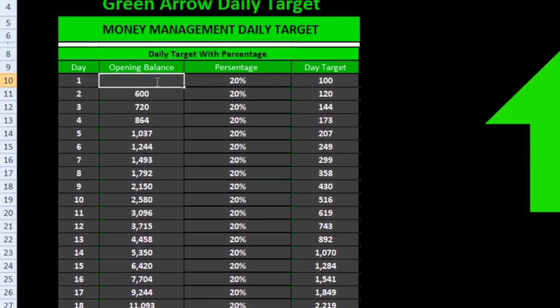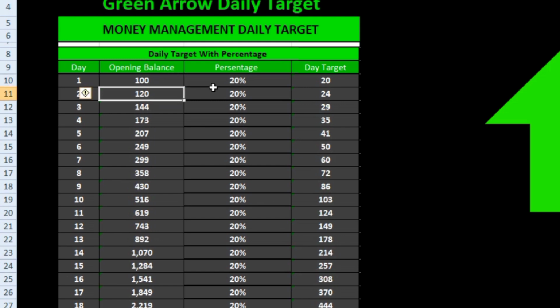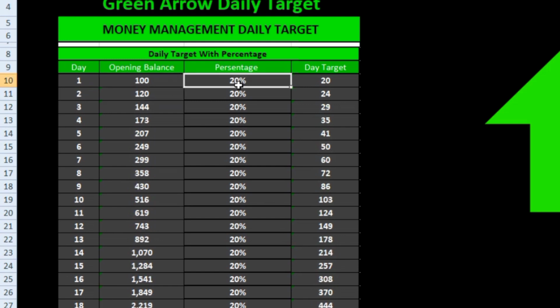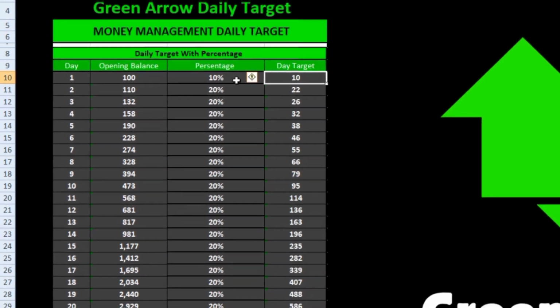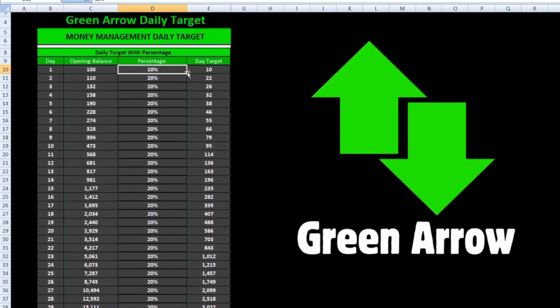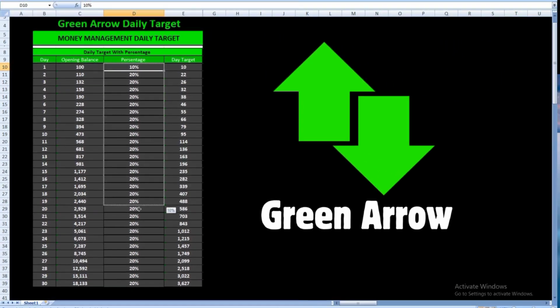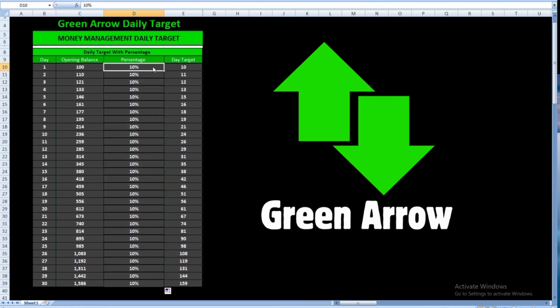So you just have to fill in $100 in the opening balance, and in the percentage column you fill in 10%. Then you just stretch this setting to the entire sheet just like that, and that's it.